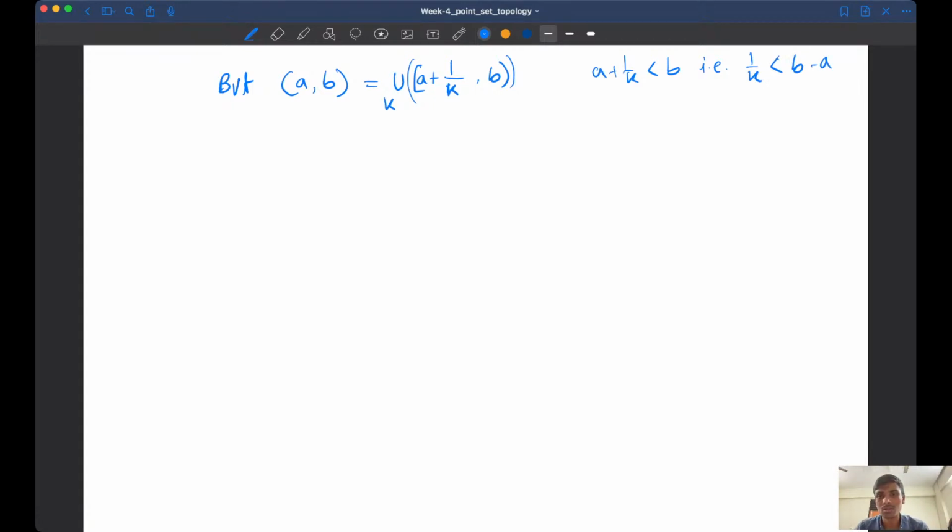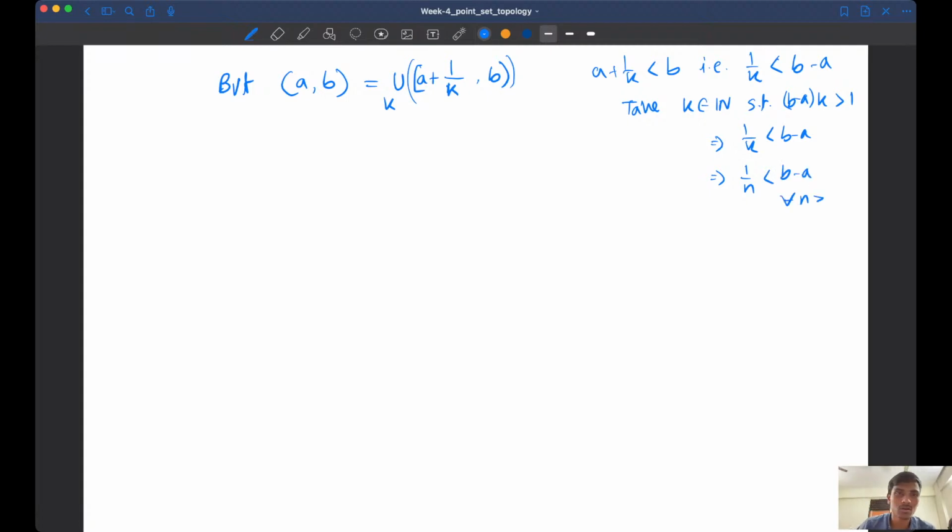So take k belonging to N such that (b minus a) times k is greater than 1. This will imply that 1/k is less than b minus a, and in particular it says that 1/n is less than b minus a for all n greater or equal to k.